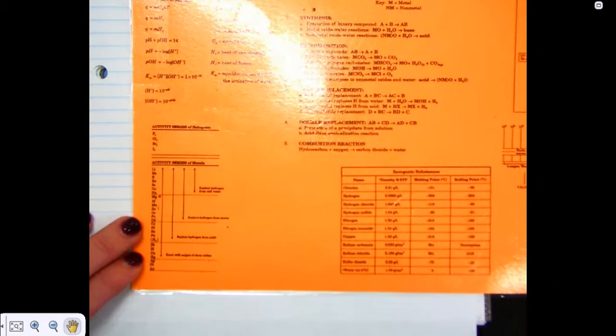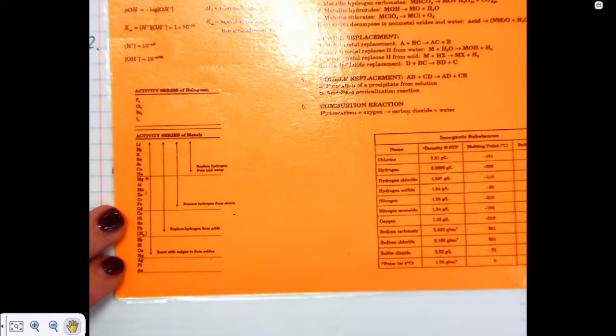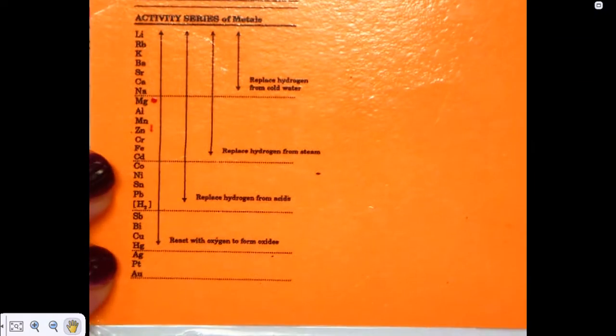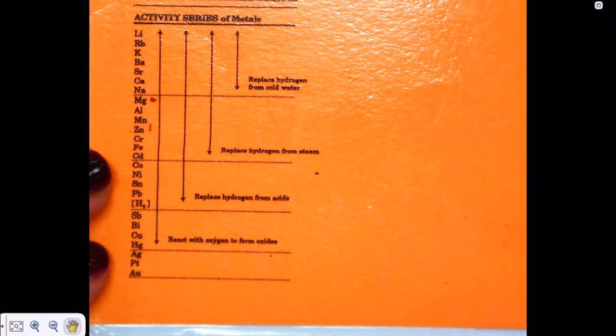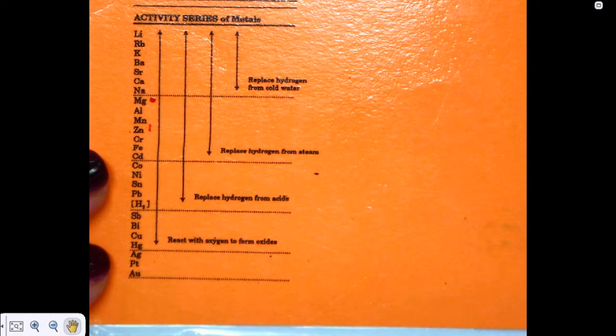Side note, let's look at this for just a second. Look what elements are at the very, very bottom of this activity series chart. Silver, platinum, and gold. So think about why we use those particular elements when we're making jewelry. We don't want those elements to be very chemically reactive.